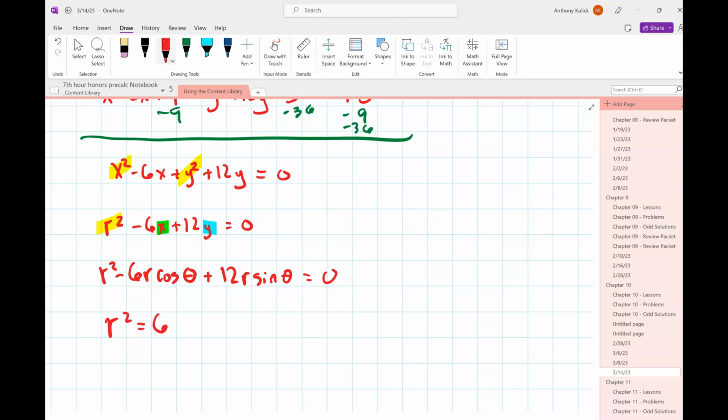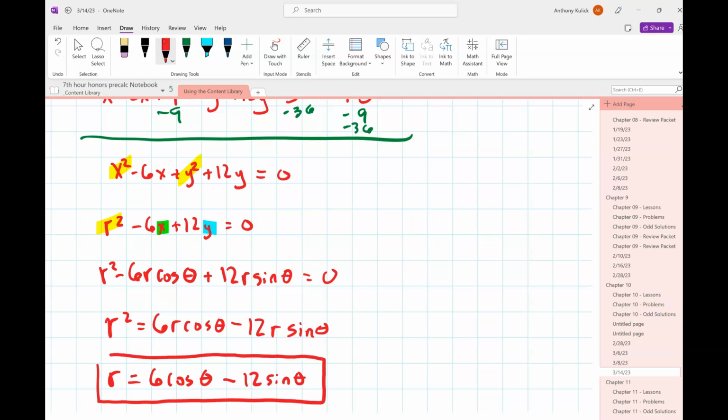Okay, so add 6r cosine theta to the other side and then subtract 12r sine theta to the other side. And now, Nolan, you're saying divide both sides by r. So that's what we got.